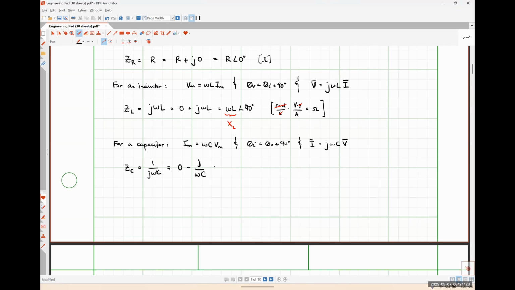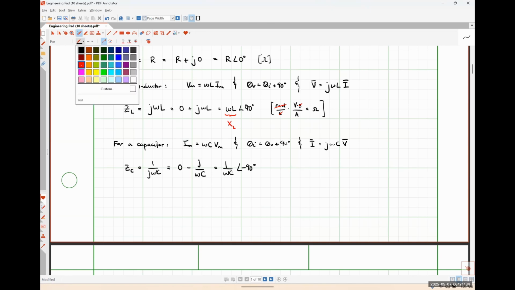In polar form, this is going to look like 1 over omega C with an angle of negative 90 degrees. And this quantity 1 over omega C is often labeled X sub C, which is just the reactance of a capacitor.